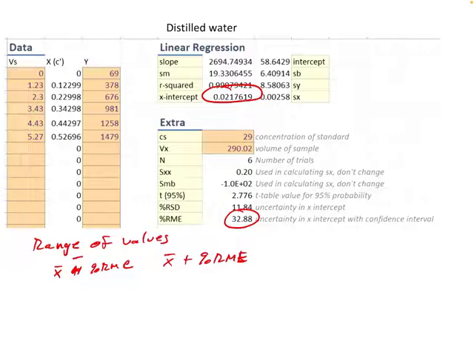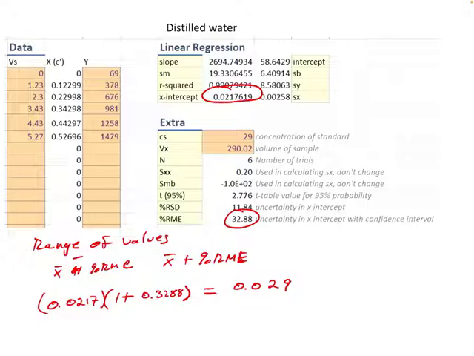We take the value of the x-intercept, 0.0217, and we're going to multiply that by 1 plus the RME in decimal form, so 0.3288. And when we do that, we get a number that is 0.029.